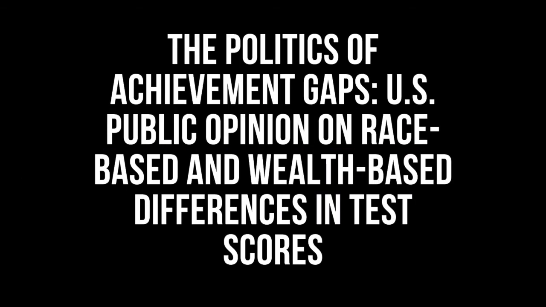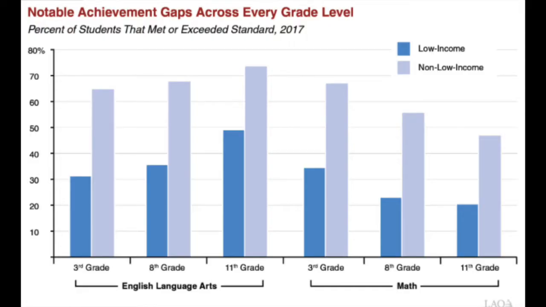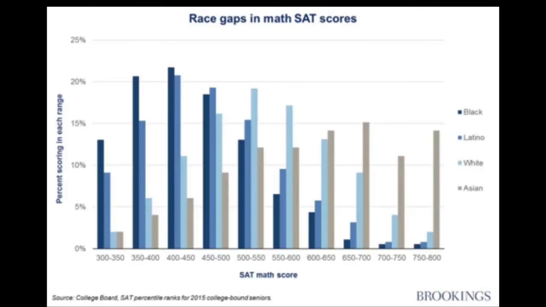In a study conducted by John Valant and Daniel A. Newark, entitled The Politics of Achievement Gaps, U.S. Public Opinion on Race-Based and Wealth-Based Differences in Test Scores, African American students tended to test lower on standardized tests, but a survey was conducted and 44% of Americans responded that the discrimination against blacks or injustices in society does not explain the difference in test scores between white and African American students.